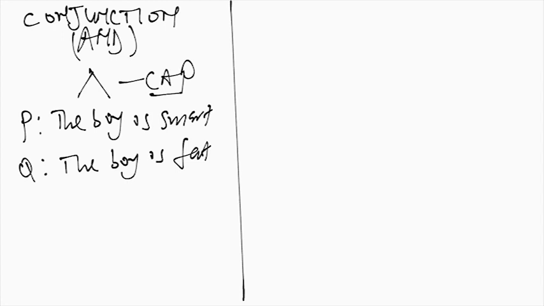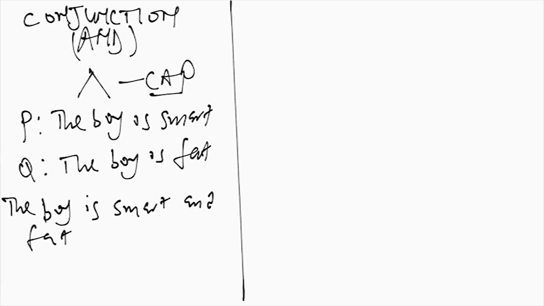If I bring out a composite statement from here by saying the boy is smart and fat, I can simply represent that mathematically by writing P cap Q. P represents the boy is smart, and Q represents the boy is fat. So what that means now is the boy is smart and fat. So this is the way we represent conjunction.